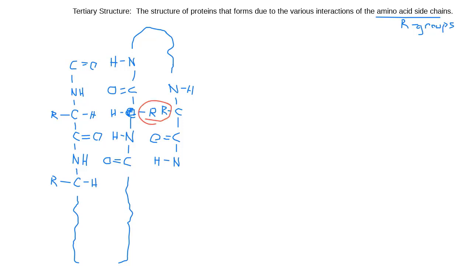Now, the tertiary structures, the interaction between, and I'll go ahead and circle this, this doesn't happen as frequently, because you're not getting as many interactions with these R groups as you are hydrogen bonding interactions between the amide NH and the carbonyl.